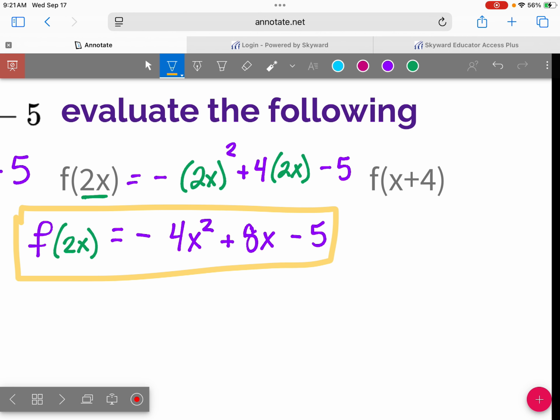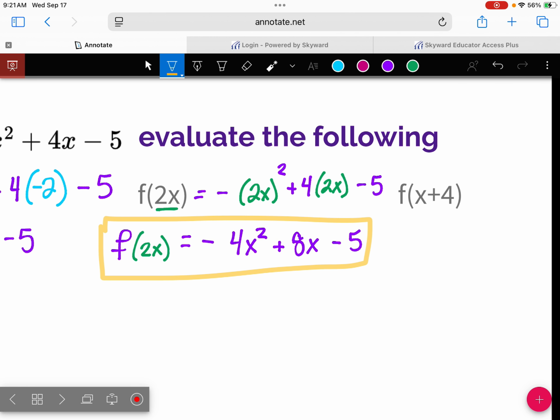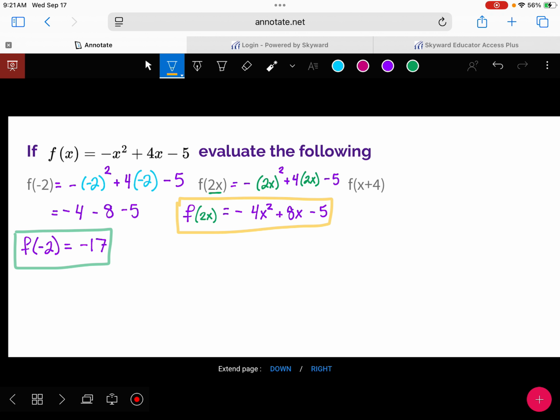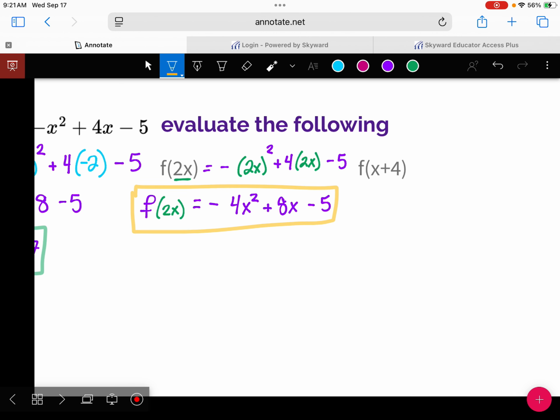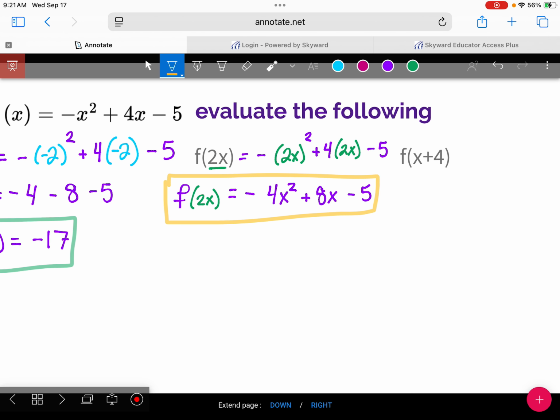Okay. So then we have one more of these. I'm going to change the view real quick just because I have that one very, very close to the wall. There we go. Just for the setup part. So we're going to do our f of x plus 4. And again, just like the others, we're going to substitute that in place of the x.